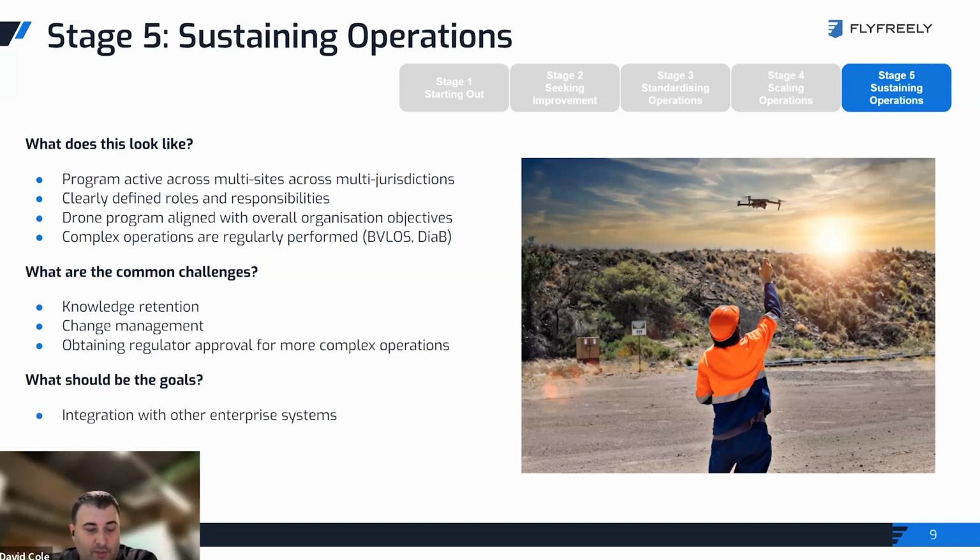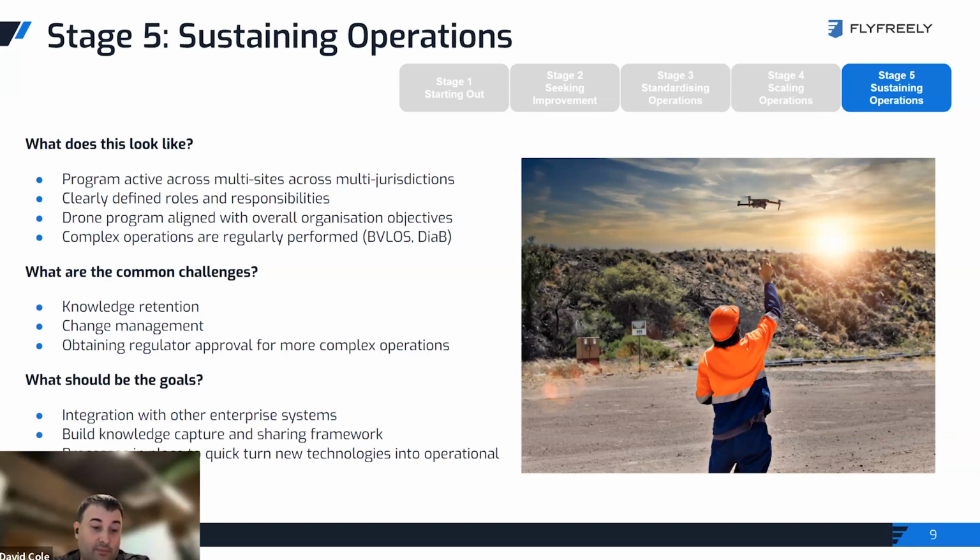So what should the goals be here? Again, it's this integration and making it sustainable. So tying it into the existing enterprise systems within the business. Building a way to capture knowledge and share that across people in the organization. We know there's a few organizations that have set up internal intranets and internal groups to get that knowledge sharing happening between everybody in the organization.